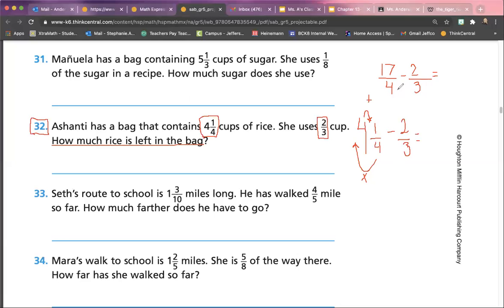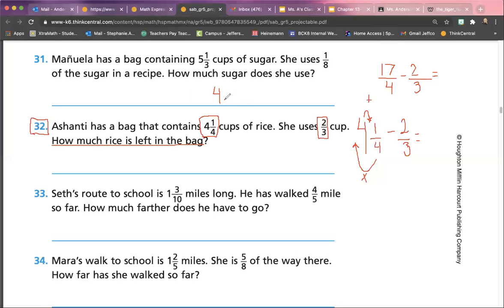Now what do I know, Bella, about my denominators? What do we say we needed to do? Can I subtract fourths and thirds? No, I can't, because those are different denominators. So what we can do is skip count to find a common denominator, right? So we have 4.